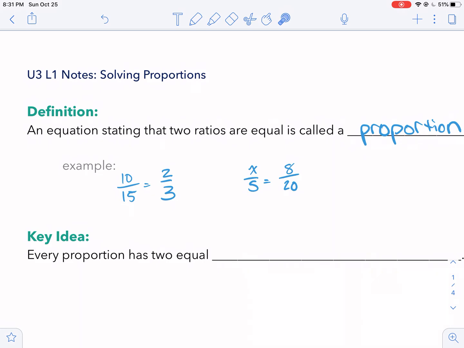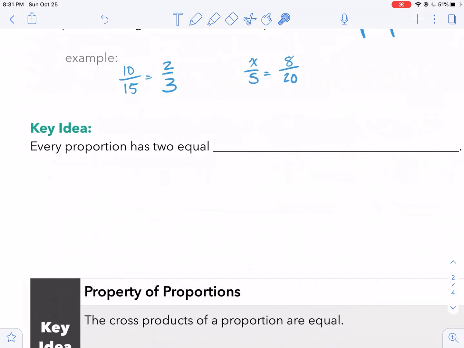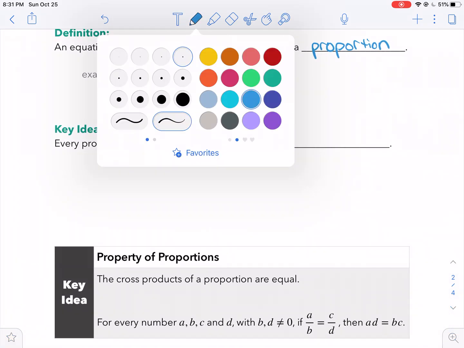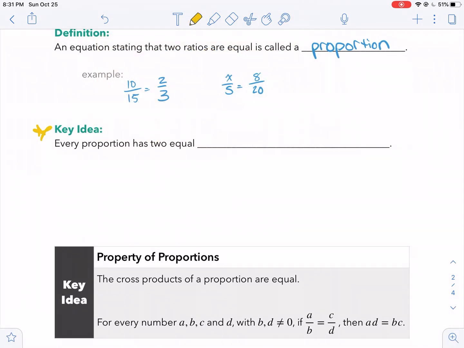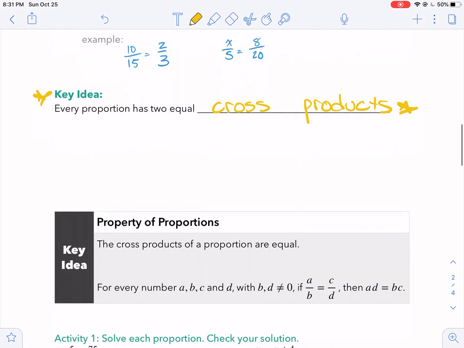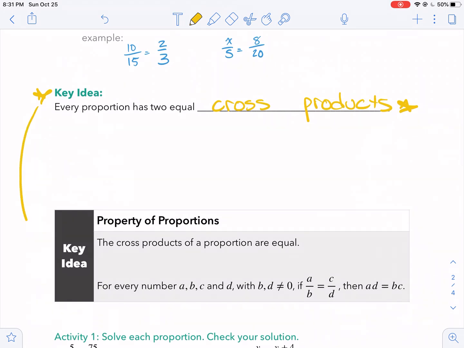Okay. So your key idea of the day is right here, and it's the idea of cross products. We say that every proportion has two equal cross products. And what that means is, oh hey, that's your key idea down here. Why did I put that in there twice? I really don't know.